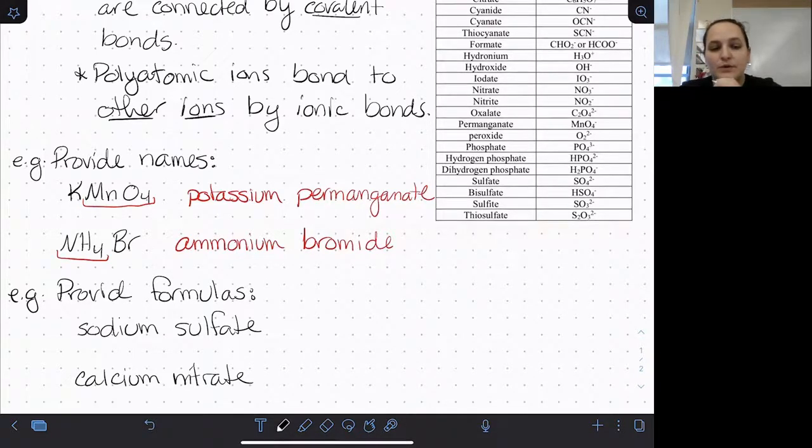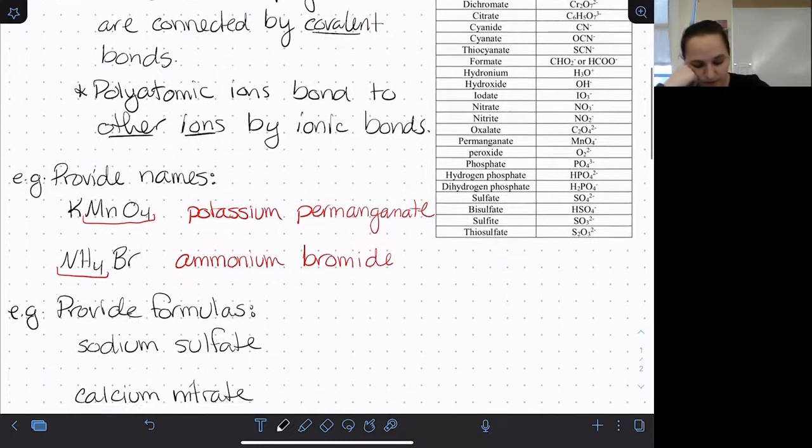So when we're writing formulas, we need to consider the charges on our ions. So again, for the polyatomics, the charges are given to you as part of the formula for that ion.